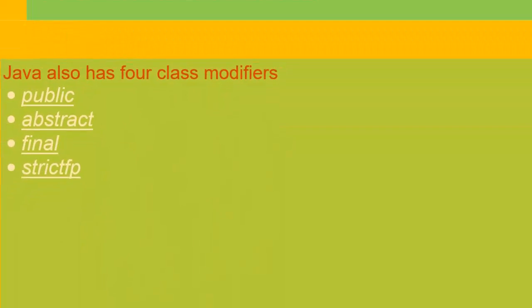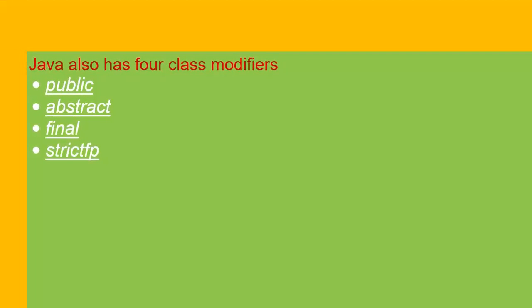In Java, a class can also have four class modifiers: public, abstract, final, and strictfp. Public is an access specifier. Abstract tells us that the class is not yet complete and a few of the methods in the class are still incomplete.